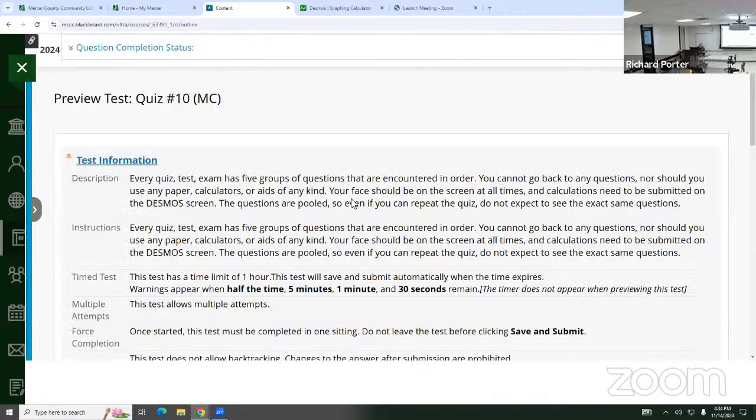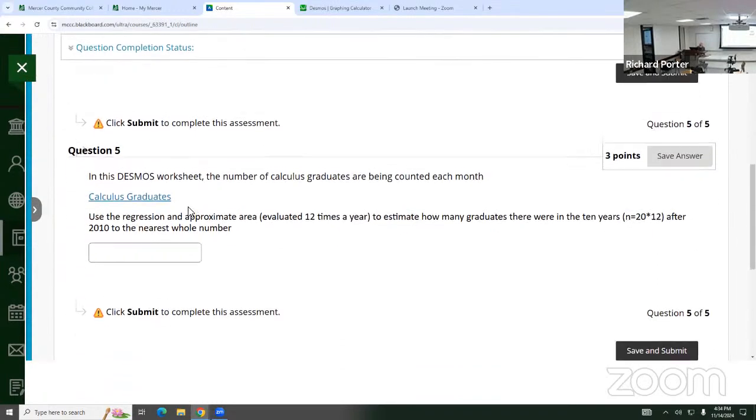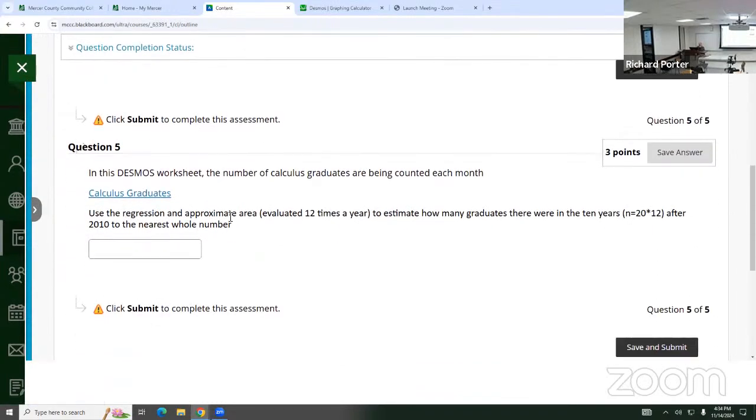Okay. So the last problem is a presentation problem. Oh, this one's one of my favorites because it's really hard. So pay attention. This is the number of calculus graduates there are. And the data is they want to count it each month. So they have this curve and it tells you how many graduates there are each month.